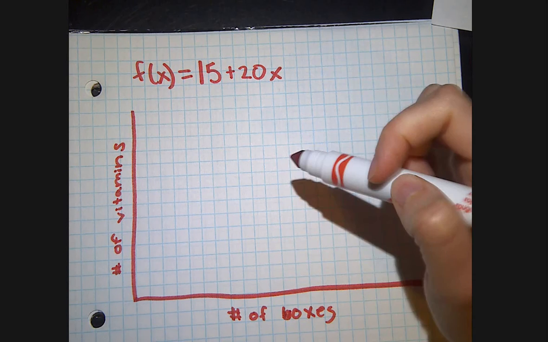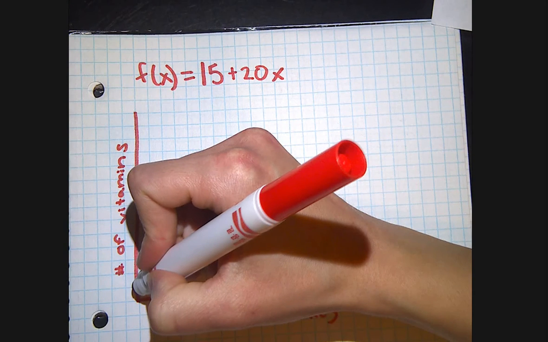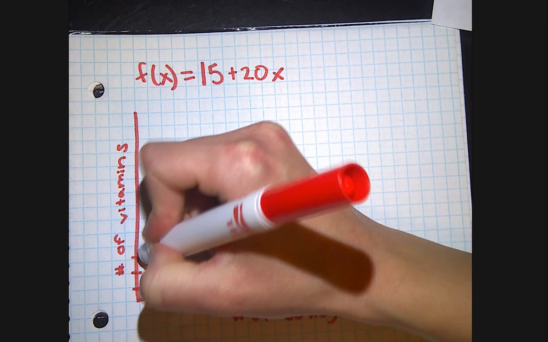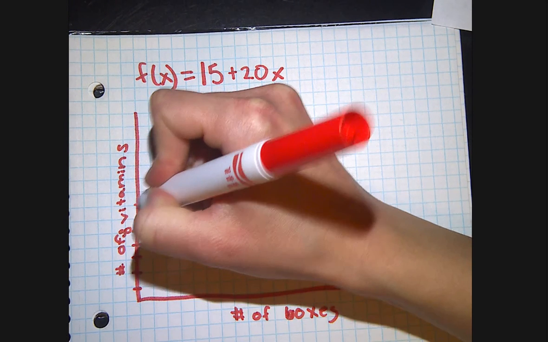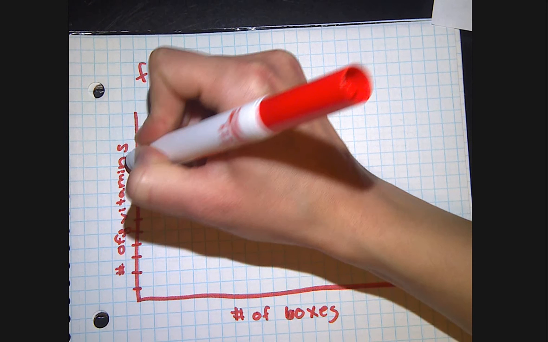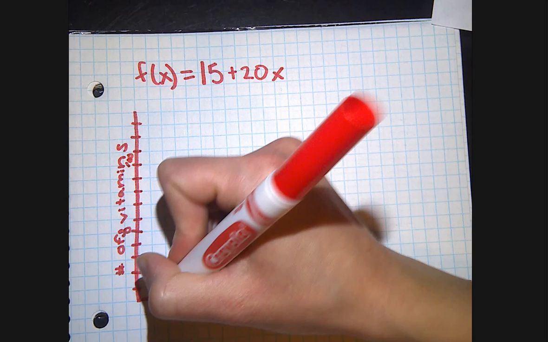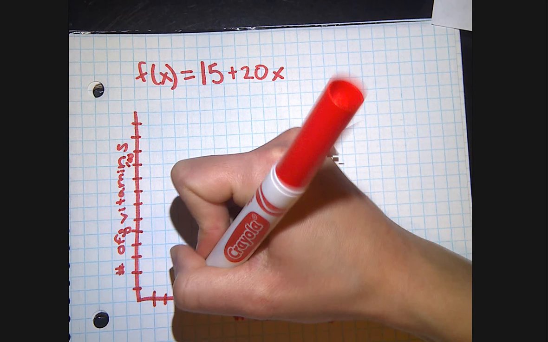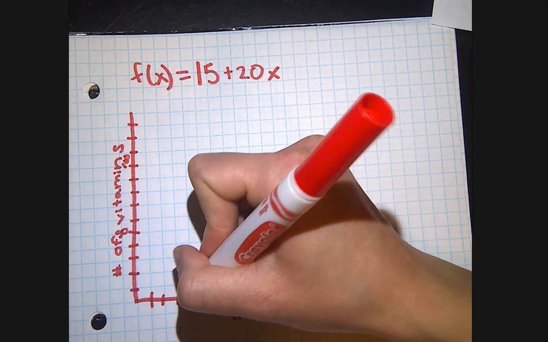Now I need to get up pretty high here, so I'm going to go up by 10s: 10, 20, 30, 40, 50, 60, 70, 80, 90, 100, 110, 120, 130. And over here we've got 1, 2, 3, 4, 5, 6, and so on. I'll label that so we know.